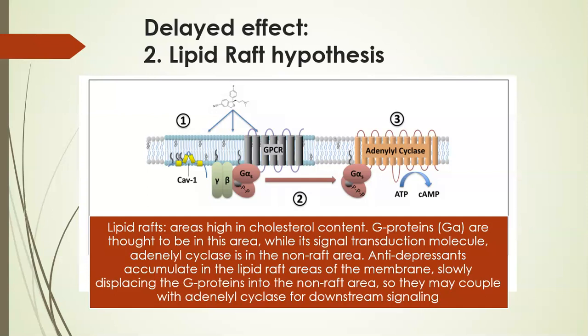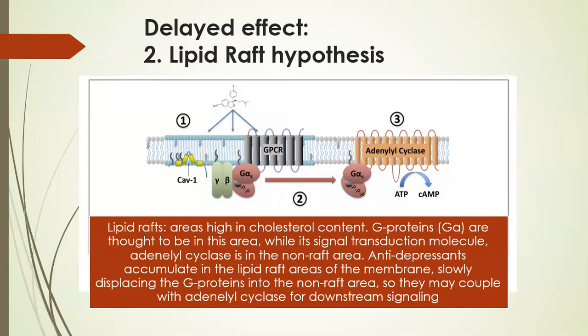But because the membranes are not smooth and are bumpy, the GPCR and the G-alpha portions are at different regions. The GPCR is on the bumpy side and the G-alpha is on the smooth side, so there is a disconnect.